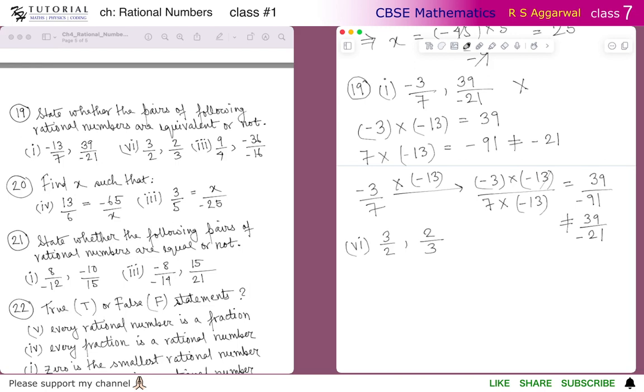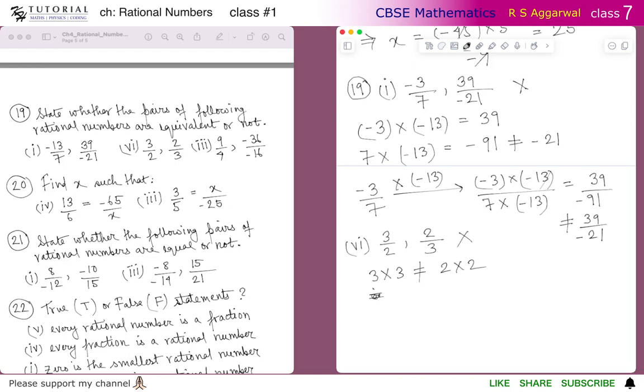But for small integers, like less than 10 or so, you can easily do the cross product and check. So in this case, 3 into 3 is 9, which is not equal to 2 into 2. This implies these are not equivalent.